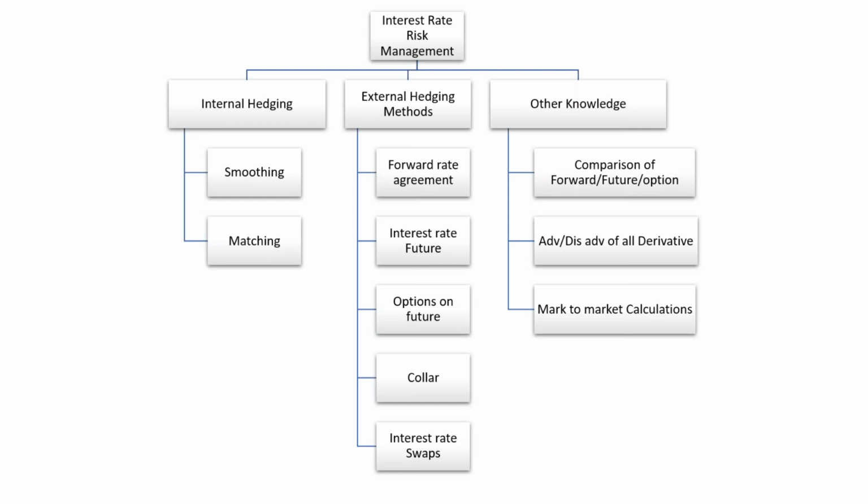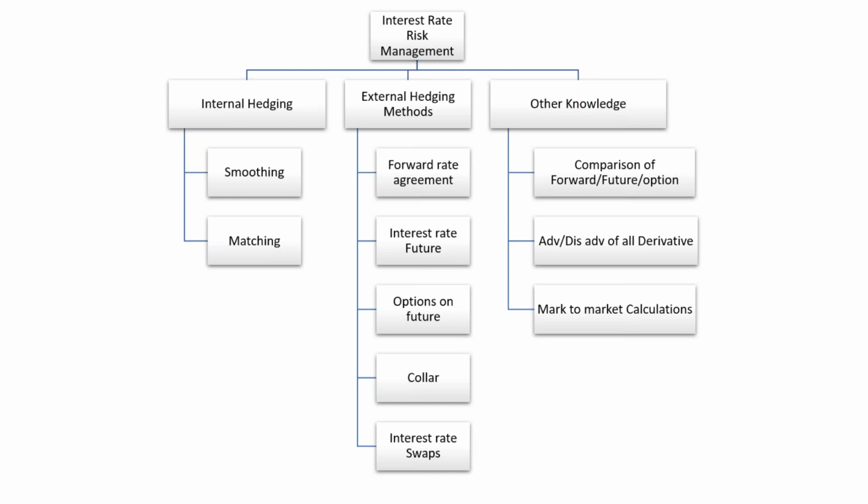For example, if you have 100 million borrowing, take 50 million at the fixed rate and 50 million at the floating rate. If the interest rate increases, you will face risk from the floating rate payments, but you will get benefit from the fixed rate loan. If the interest rate reduces, you will get benefit from the floating rate, and you will face risk from the fixed rate. Overall, your risk will be smoothed. That is smoothing: half the loan at fixed, half at floating.